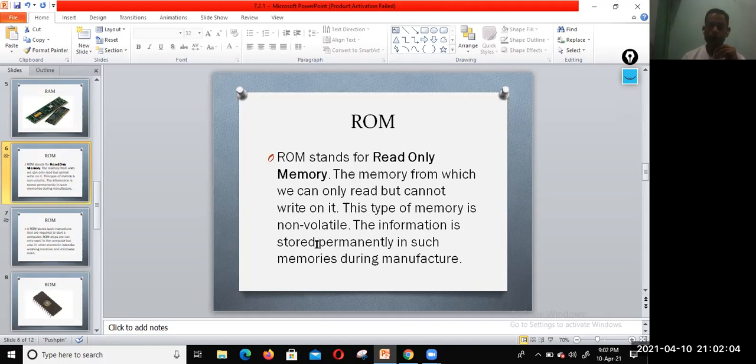This information is stored permanently in such memories during manufacture. That is why you can read only, but cannot write on it.